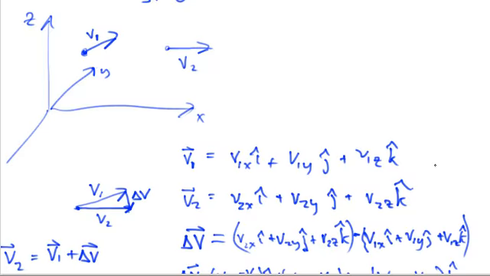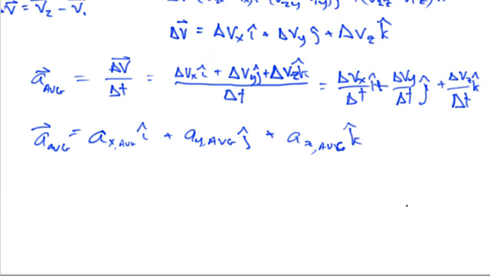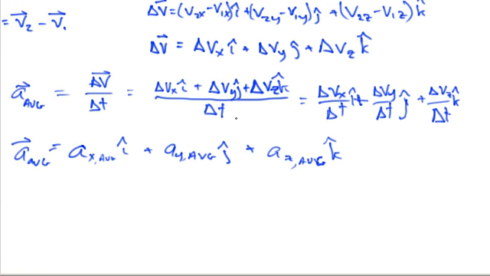Now the thing is, if we let delta t become very, very small, so we look for just a very short time interval after time 1, in the limit as delta t gets close to 0, the change in velocities, each component is going to be very small as well. In the limit as delta t goes to 0, it gets smaller and smaller and smaller, but it's still not quite 0, becomes infinitesimally small.